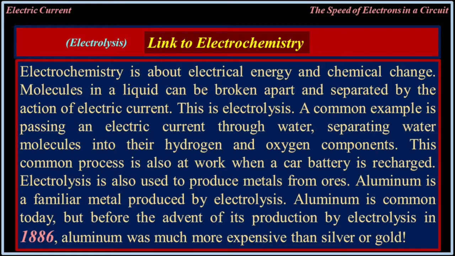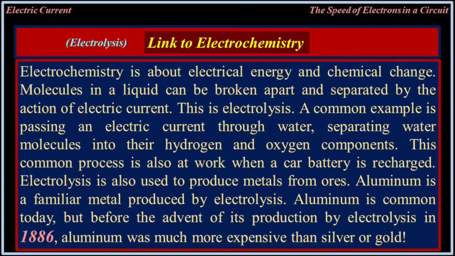Electrolysis, linked to electrochemistry. Electrochemistry is about electrical energy and chemical change. Molecules in a liquid can be broken apart and separated by the action of electric current. This is electrolysis. A common example is the passing of electric current through water, separating water molecules into hydrogen and oxygen components.